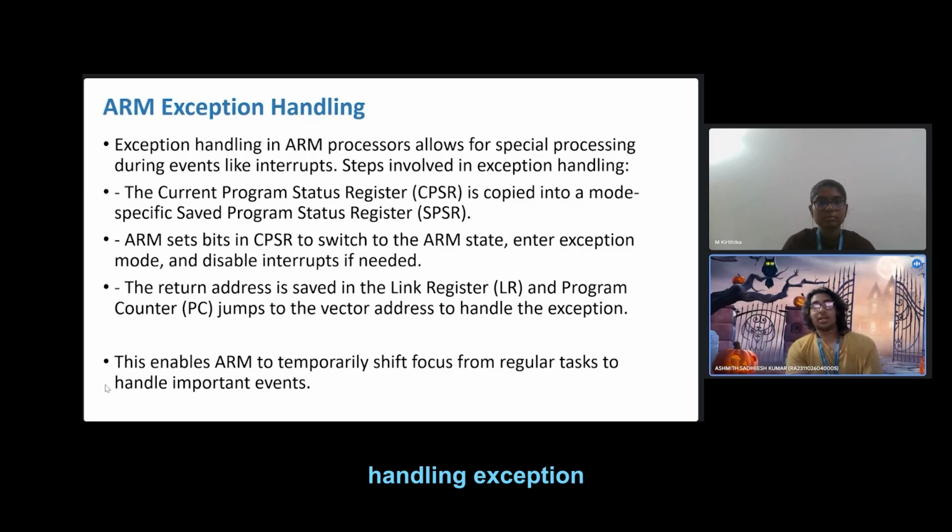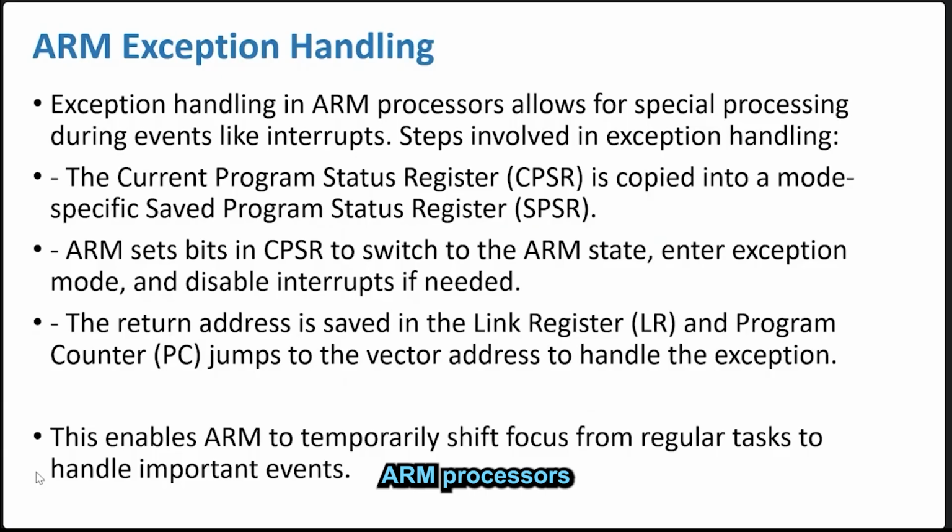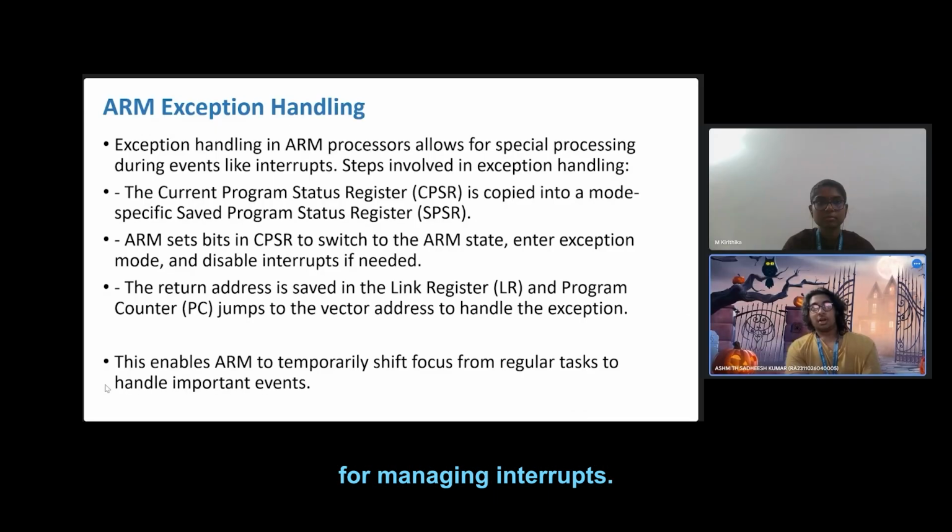ARM exception handling. Exception handling in ARM processors allows for special processing during events like interrupts. ARM processors use a structured approach to handle exceptions, which are essential for managing interrupts. CPSR is copied into a mode-specific saved program status register. What this means is the CPSR is copied into a saved program register during an exception.